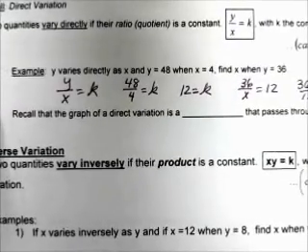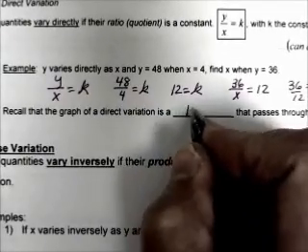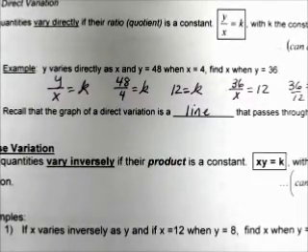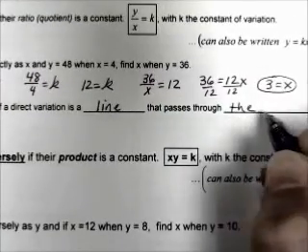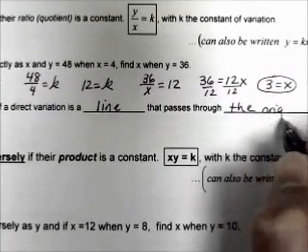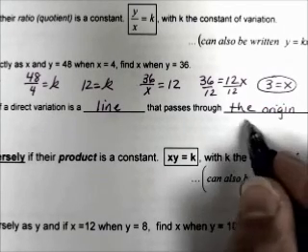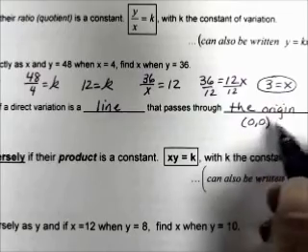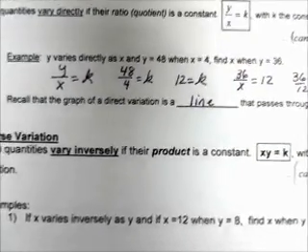Recall that the graph of a direct variation is a line that passes through the origin. The graph of a direct variation is always going to be a straight line that passes through the origin. Okay, so that was from earlier in the chapter.